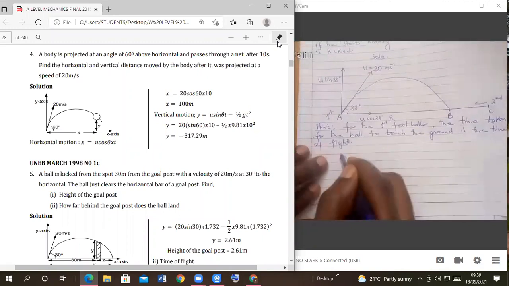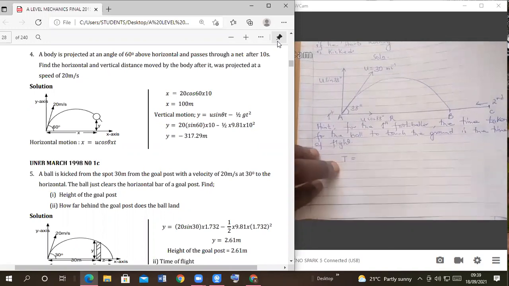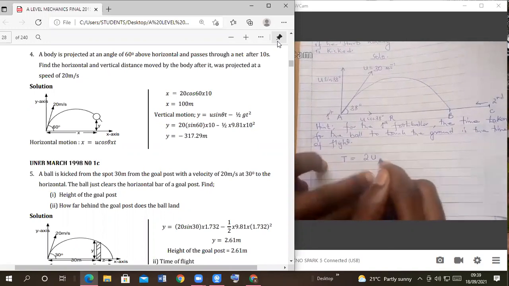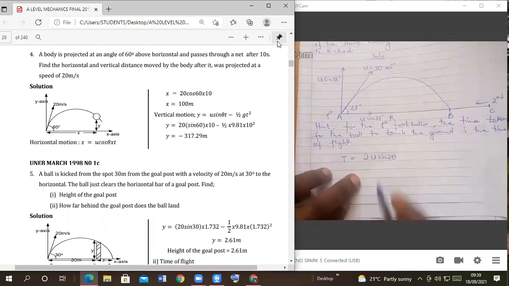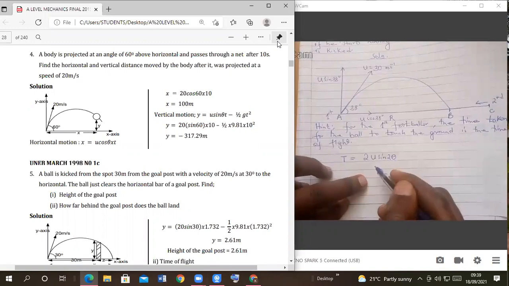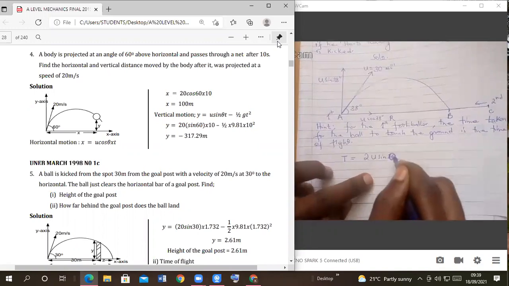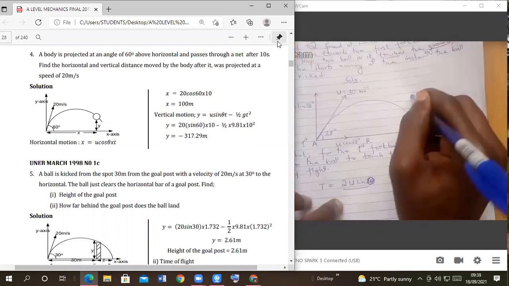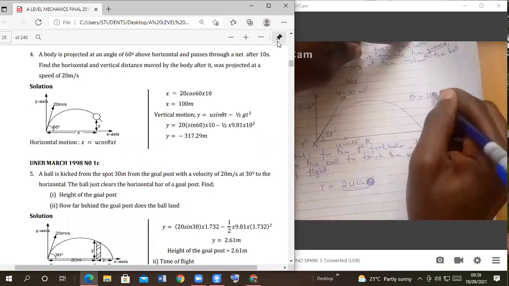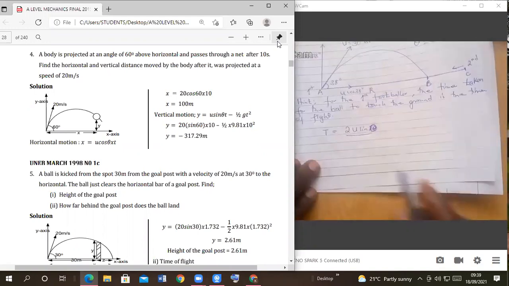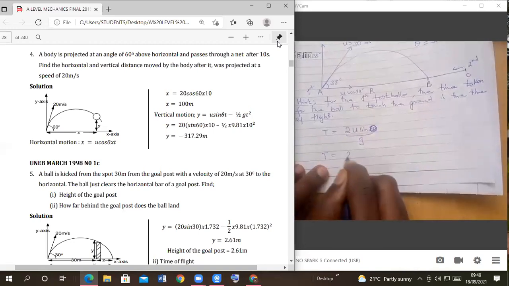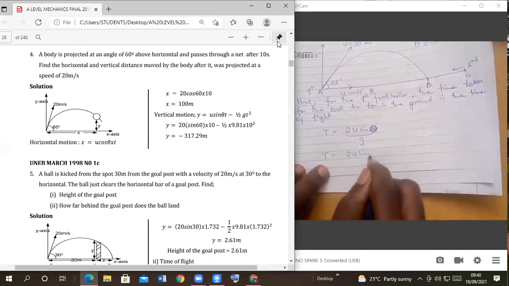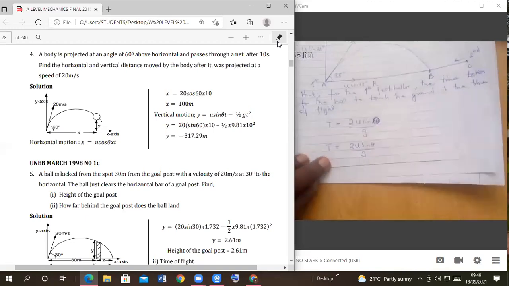So let's get the time of flight. The time of flight is given by T equals 2U sin theta over g, where our theta is 38 degrees.